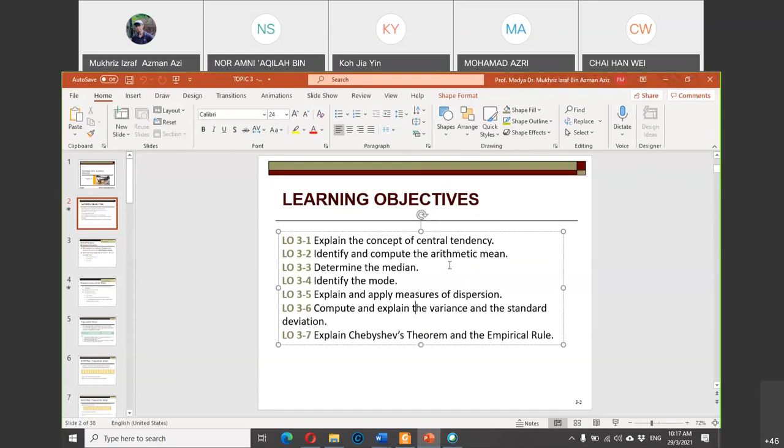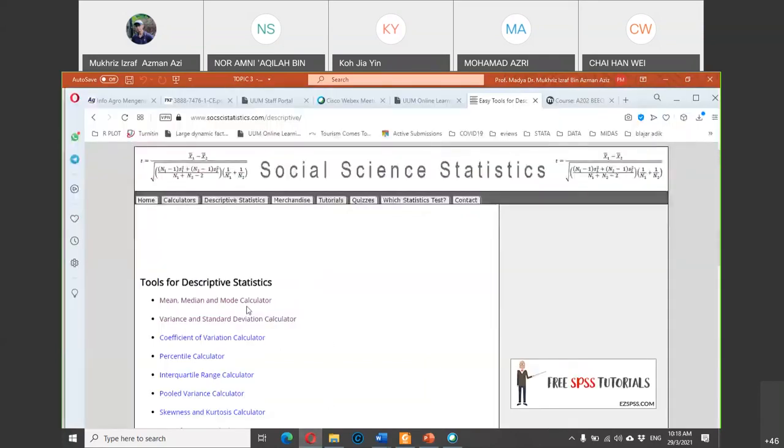Because this is an online session, how do I know whether you are doing the exercise during our lecture? I will call upon your names at random. If you are doing it on your computer, most of it you can do online, because I already gave you the link to the scientific calculator, where you can calculate the mean and the mode.